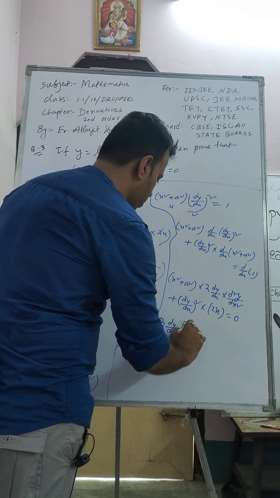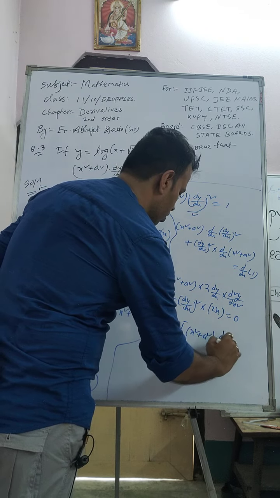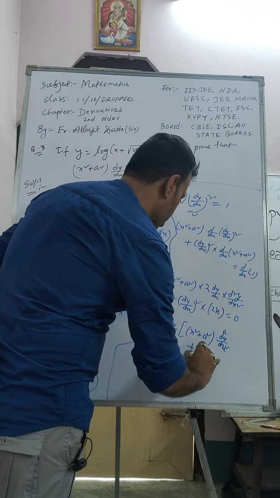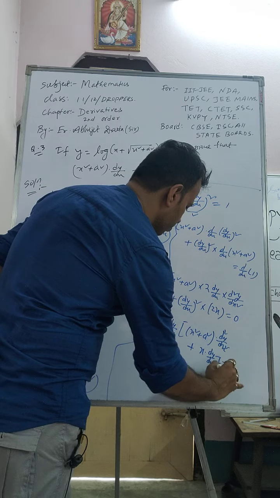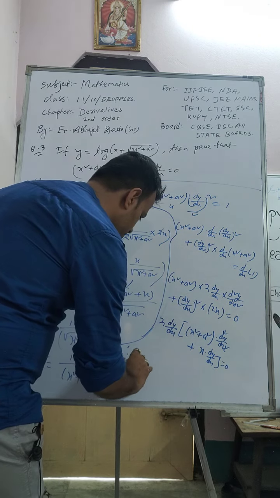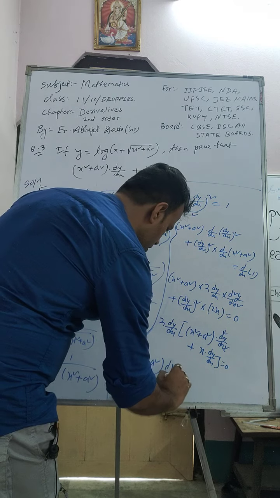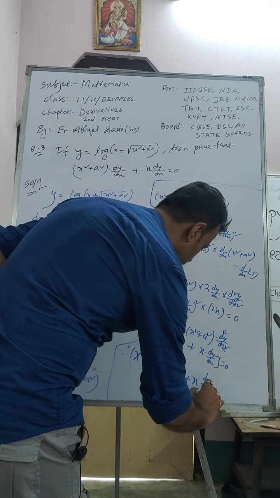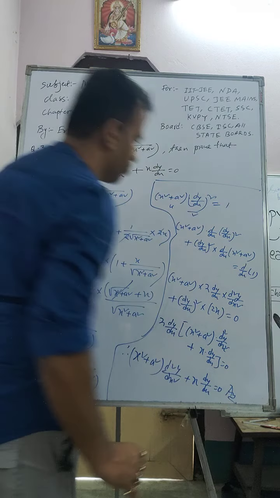Then x square plus y square d square y by dx square plus x dy/dx will be left here. So the final answer will be x square plus y square d square y by dx square plus x dy/dx. Okay, so this is the final answer.